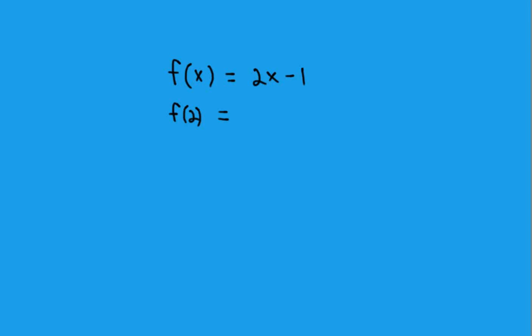So we have this function here, f of x is equal to 2x minus 1, and we're asked to find f of 2. Well, we know that when we have a function, this is going to be our input, and whatever we get from here is going to be our output.